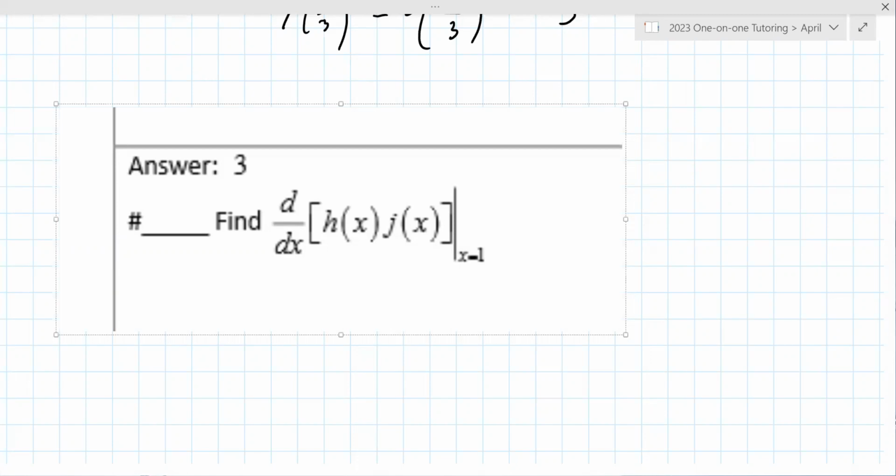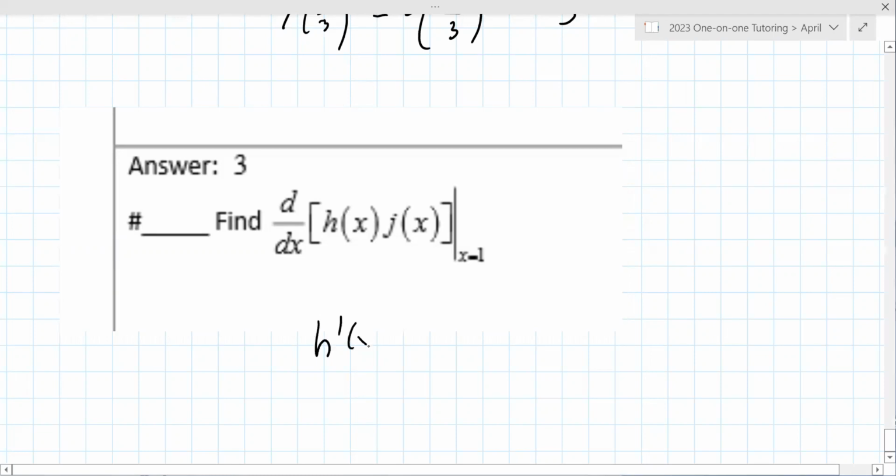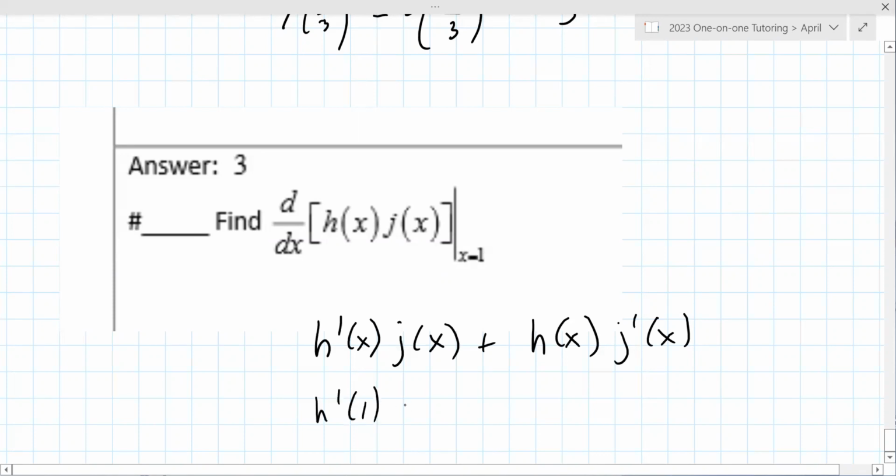So product rule, derivative of the first times the second plus keep the first, derivative of the second. Evaluated at 1, so h prime of 1, j of 1, h of 1, j prime of 1.